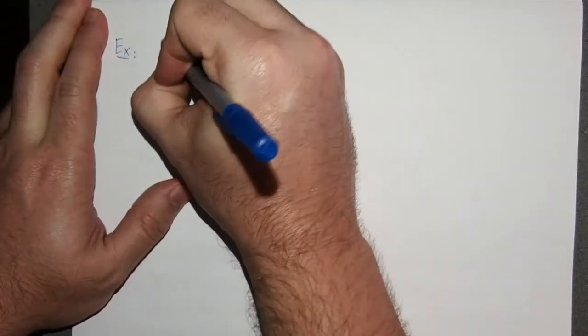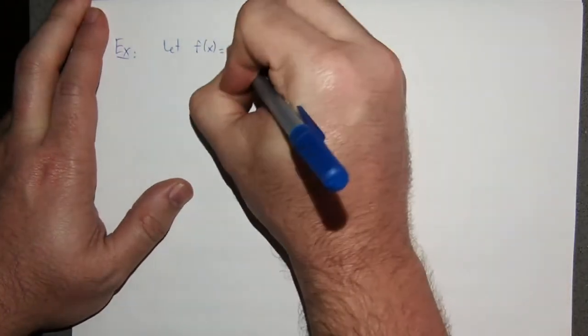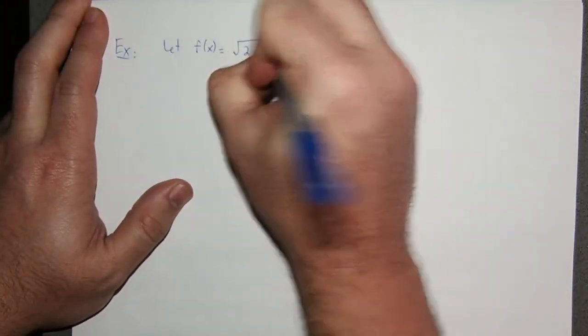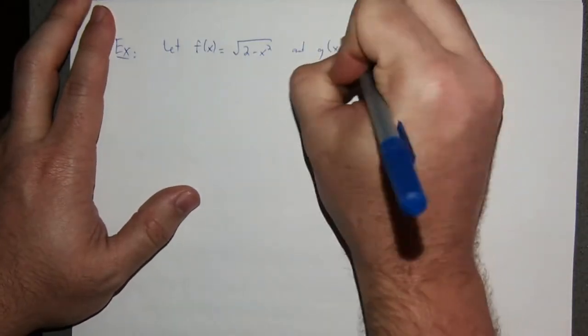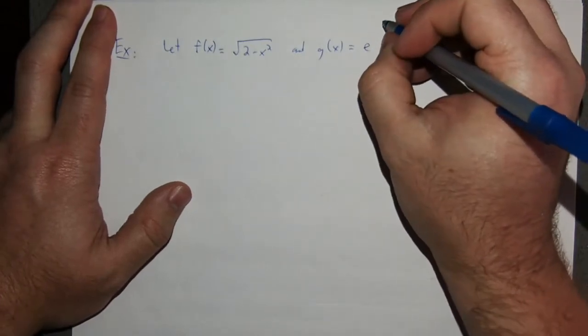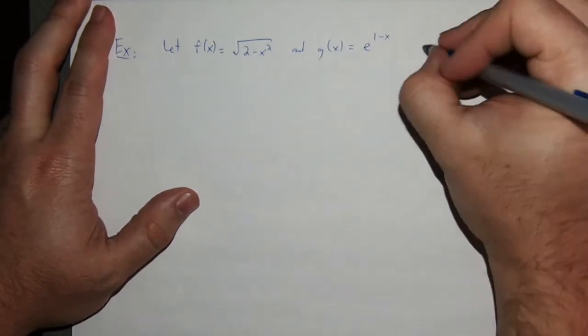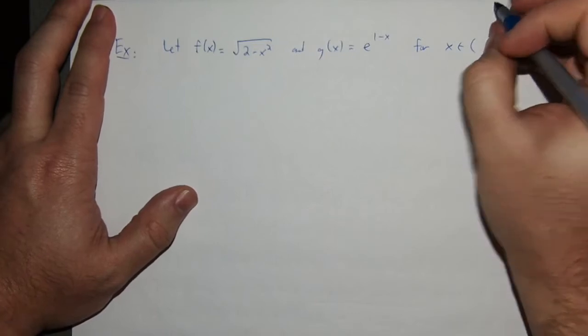Let f of x be the square root of 2 minus x squared, and g of x be e to the 1 minus x. Both of these are defined on the open interval from 0 to root 2.